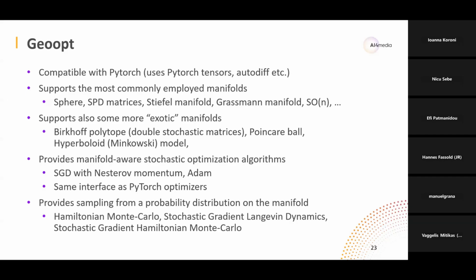It also provides stochastic optimization algorithms which can be used on these manifolds, of course the usual ones like SGD and Adam. It also provides sampling from a probability distribution on the manifold, like Hamiltonian or gradient Langevin Monte Carlo, and so on.